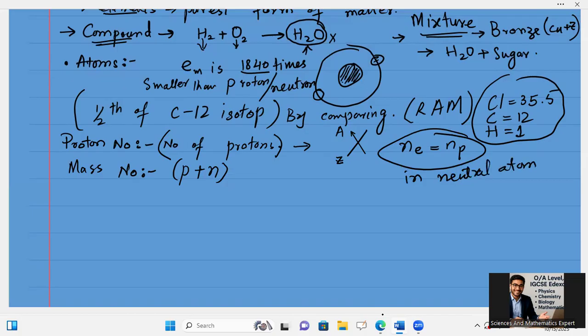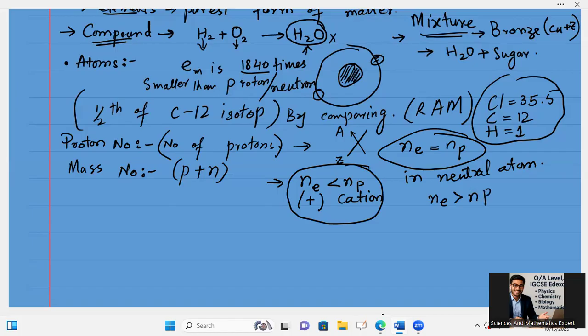Also remember that if the number of electrons is less than the number of protons, some electron is lost and a positive ion has been formed, which is named a cation. If the number of electrons is greater than the number of protons, some element has gained electrons, giving a negative charge, and an anion is formed.